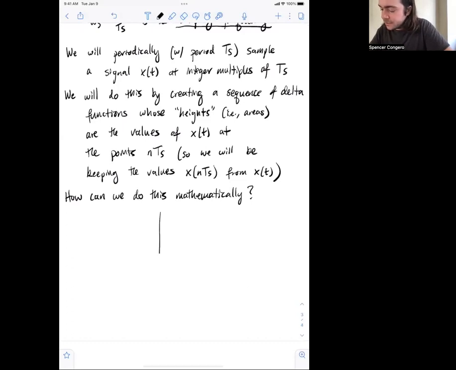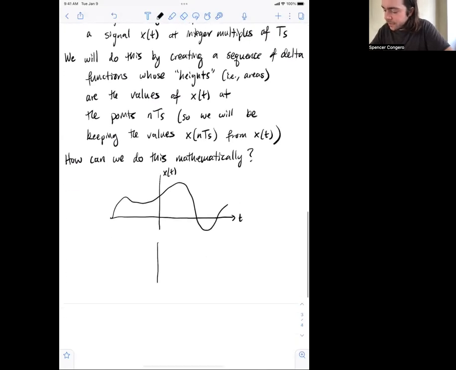To show you, I'm going to get all the materials we have. So I'm going to draw, let's just say, our x of t function looks something like this. Just random. I'm going to take this to be my x of t. And now we're going to use an impulse train to sample it.